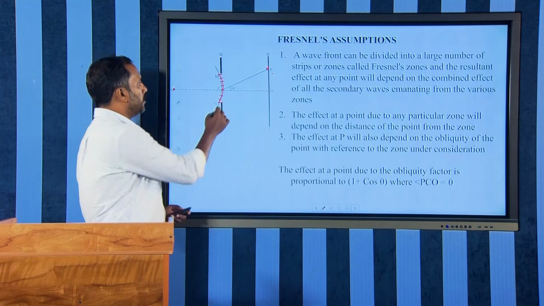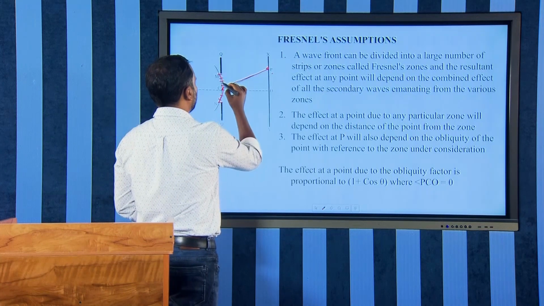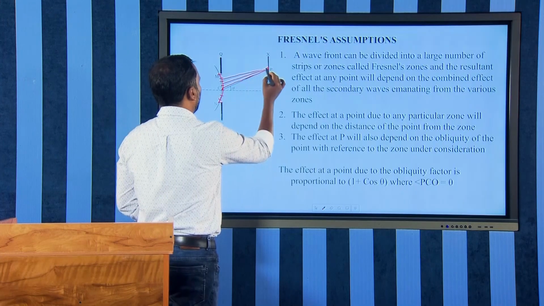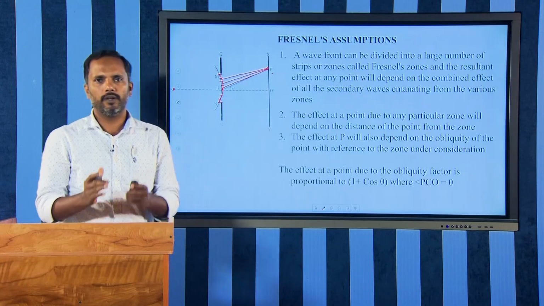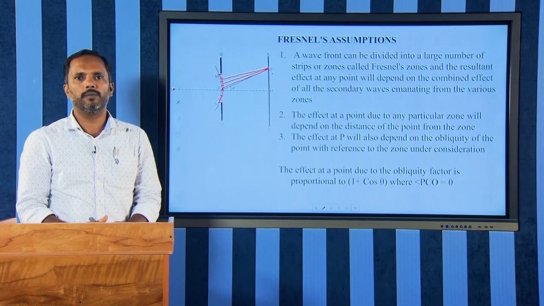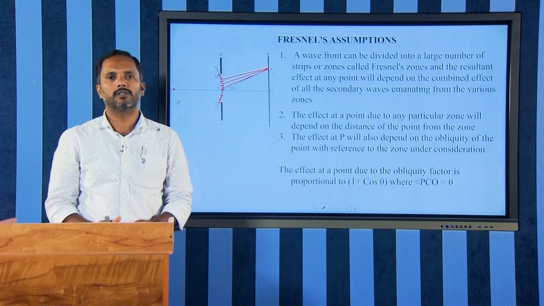So, each zone is sending certain secondary waves towards a point P. So, the resultant effect will be the combined effect of all this.